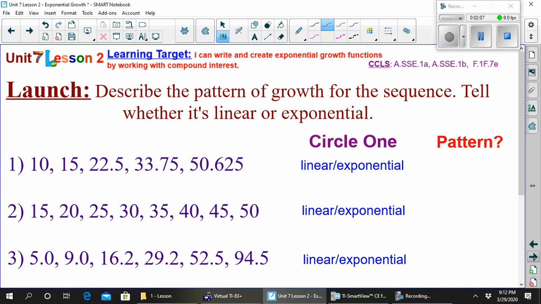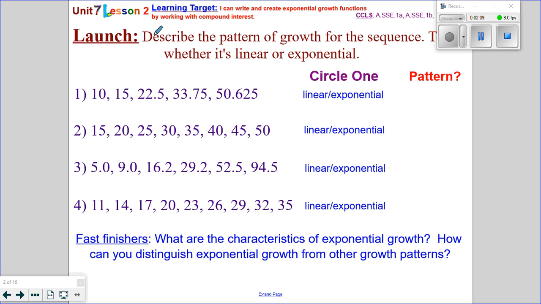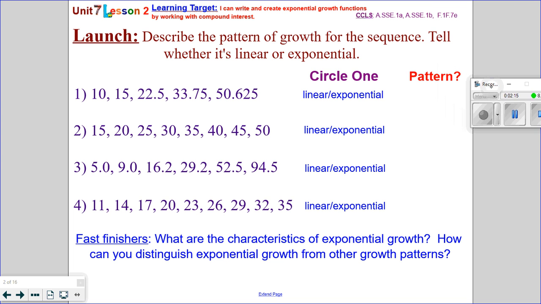So on this page right here, it says describe the pattern of the growth for the sequence. Describe the pattern and tell whether it's linear or exponential. So this is basically what you are going to have to do.